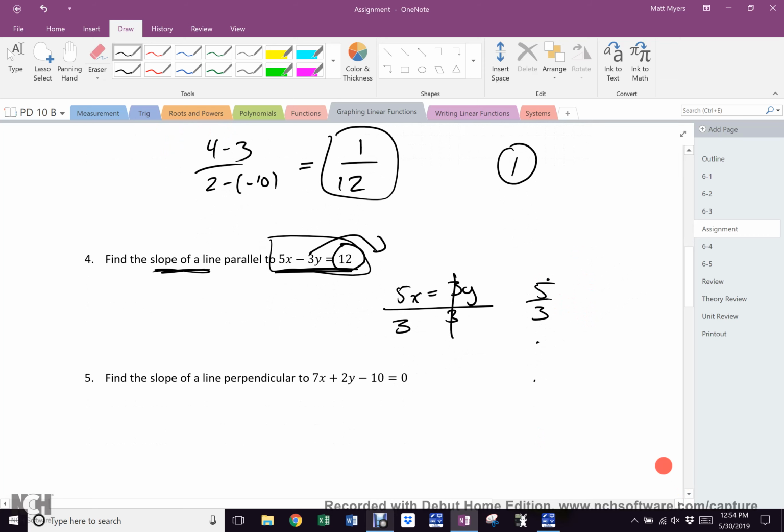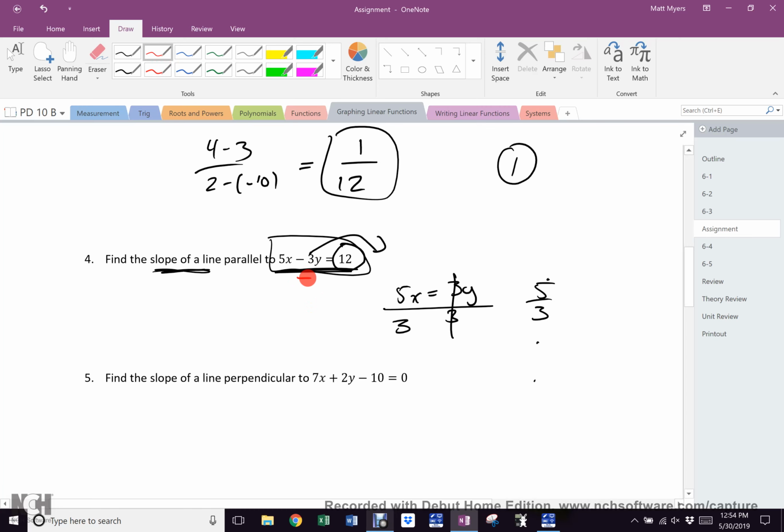What about perpendicular? What's the slope going to have to do? Yes. No, because y needs to be isolated.